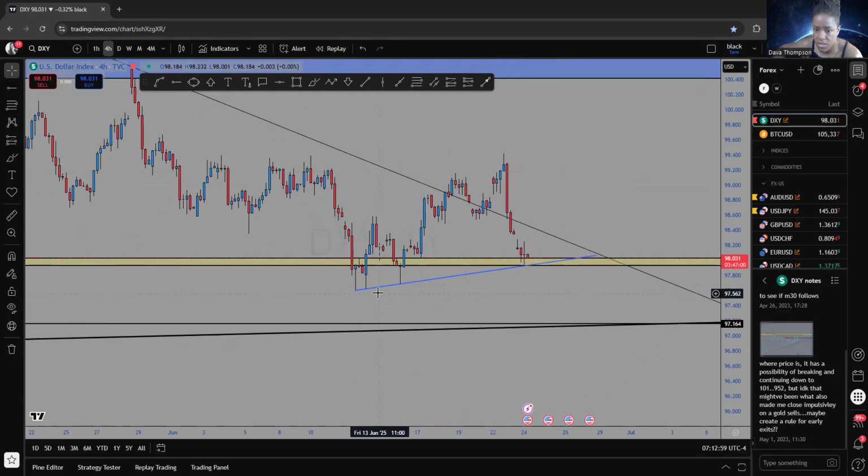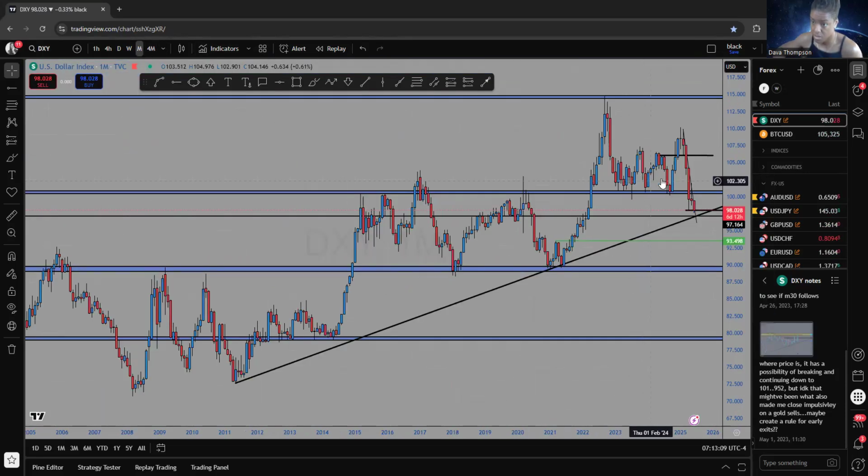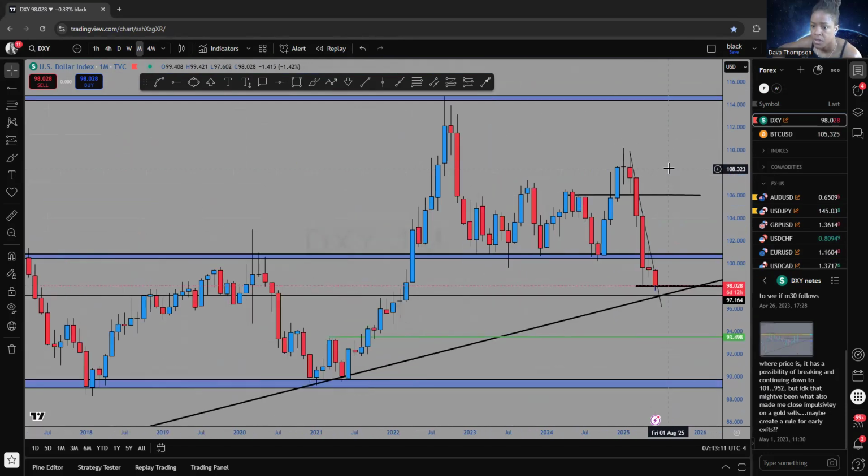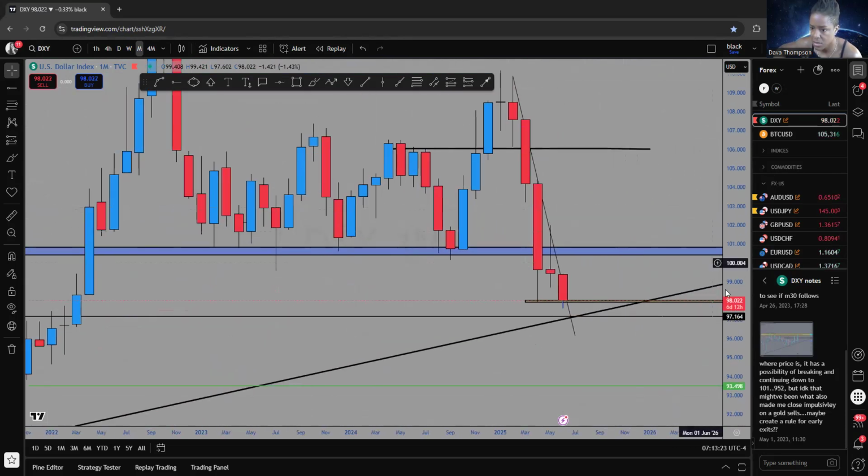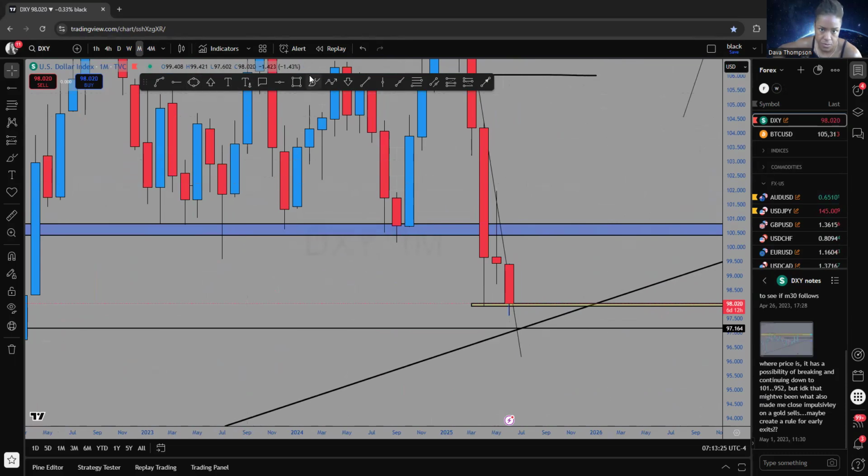So this is the level that I'm looking for. If price can break below this, I think this is the next zone. But I'd probably rather focus on something that's not a US based pair right now. And another thing that makes me feel like price could turn around soon and not actually hold down here is the monthly candle closes, right?